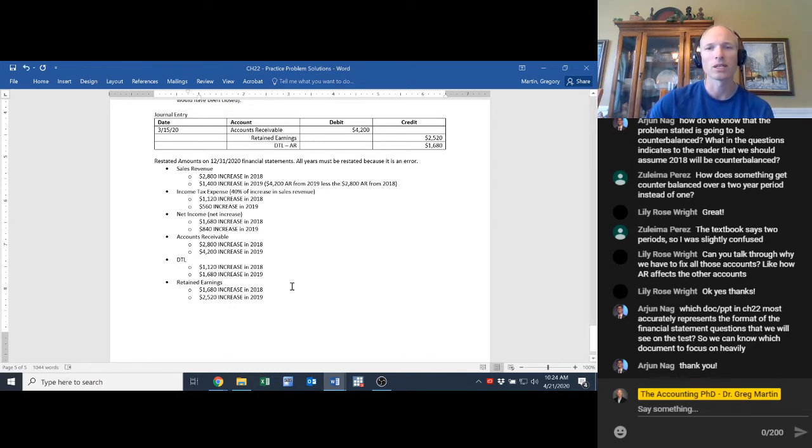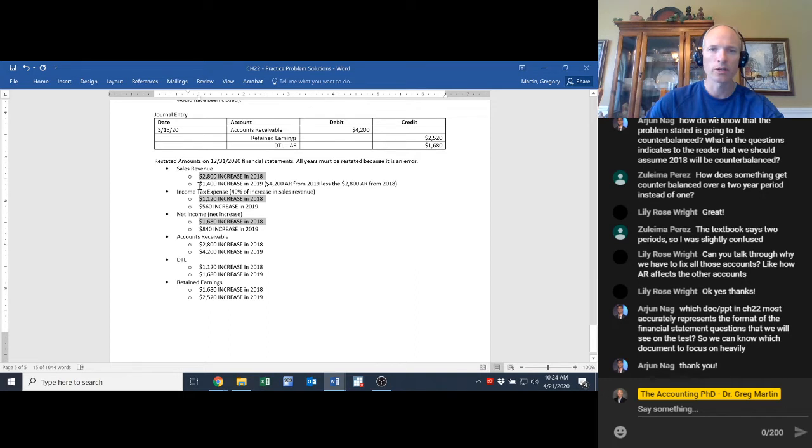Of course, the net income is the increase in sales revenue less the increase in the income tax expense. In 2018, this 1,680 is the after-tax effect from the sales revenue. So we have the 2,800 minus 1,120 gives us 1,680 in 2018.